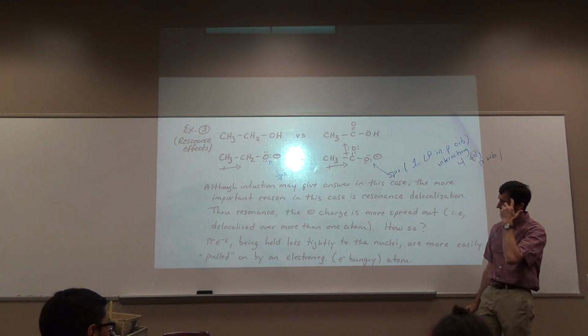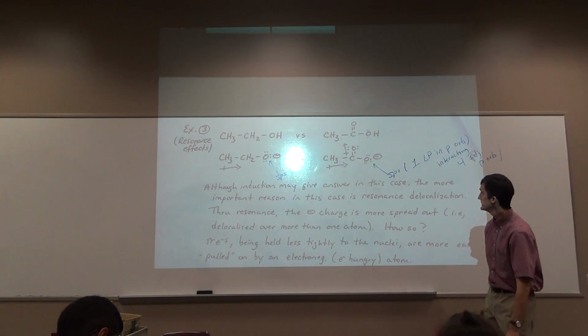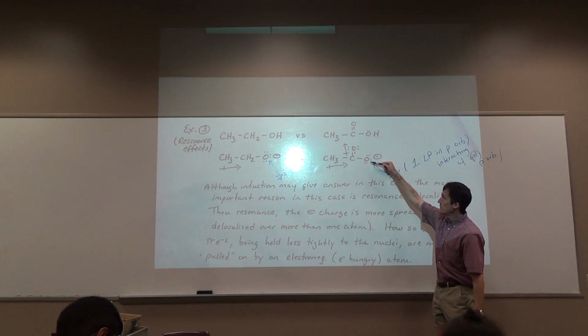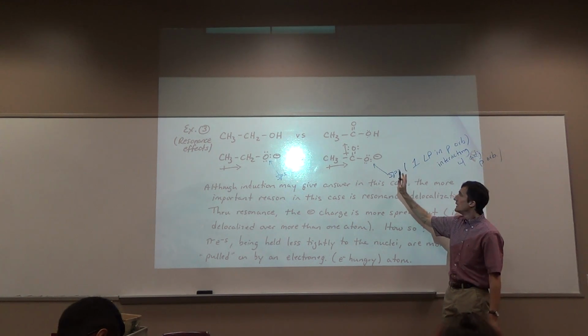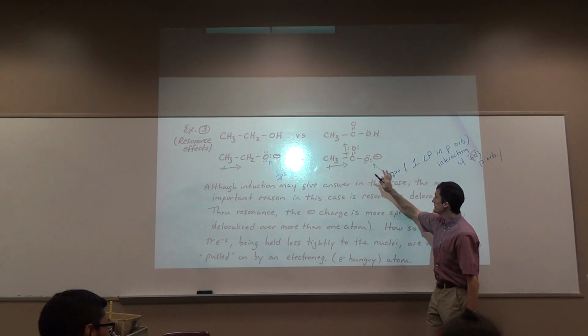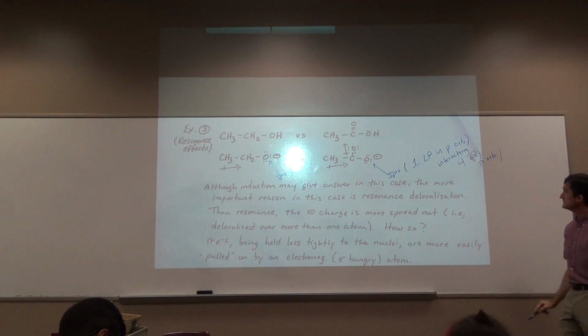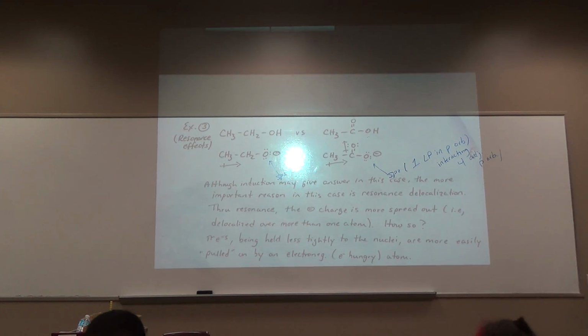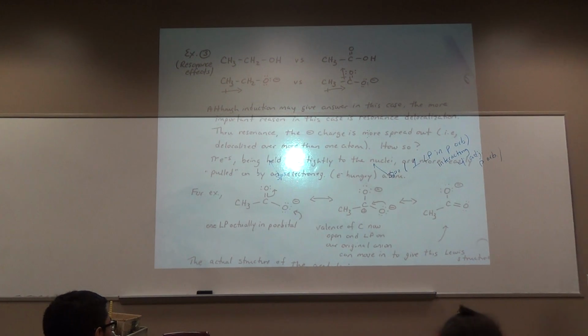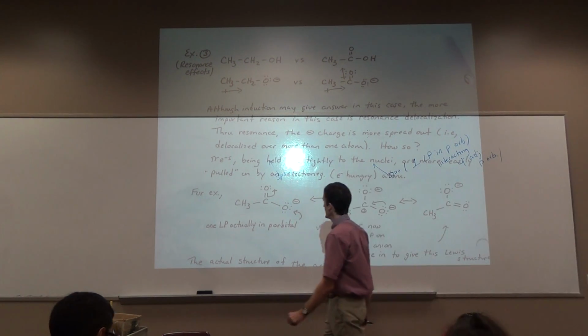One way we can maybe say this very simplistically is the extra lone pair that this oxygen took on has something to do. It's able to interact with the neighboring p orbital by resonance. We can show resonance structures sort of like this.